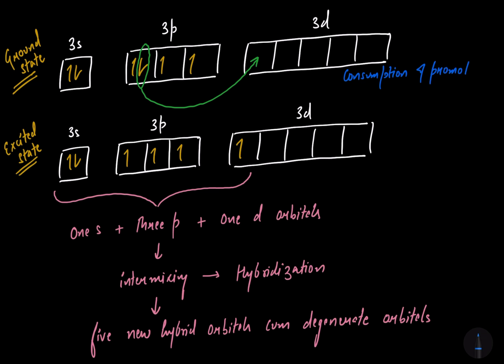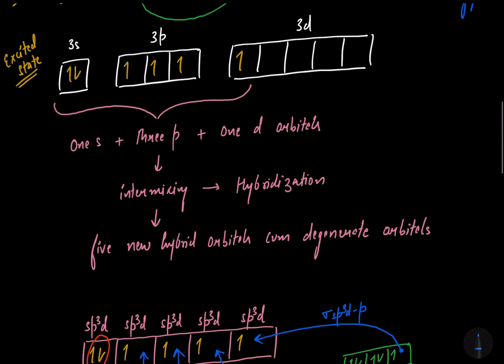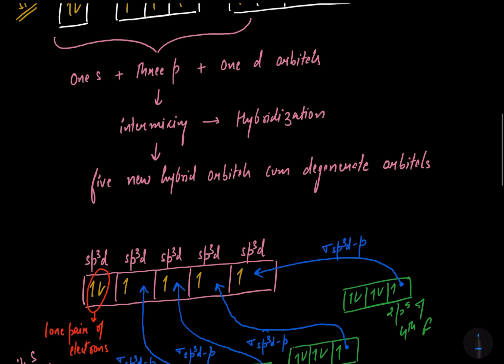That's the energy required for the promotion of electron from 3p to 3d. And the other type of energy which is consumed is the energy required for intermixing of atomic orbitals, or we can say hybridization.